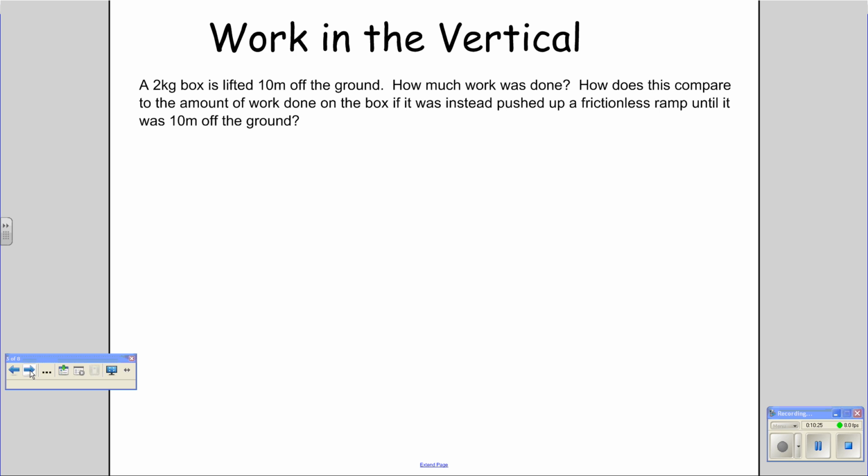Now, work in the vertical is similar but a little bit different. We just have to make sure we take into account gravity. For example, a 2 kilogram box is lifted 10 meters off the ground. How much work was done? Work equals force times R times cosine of theta. Now, in order to lift a box, you have to apply a force equal to gravity. So your force applied is going to equal mg, or Fg.